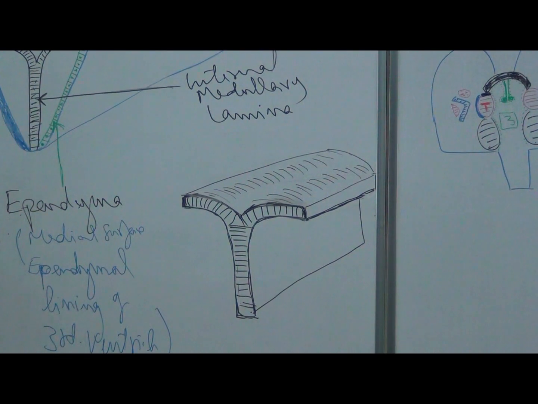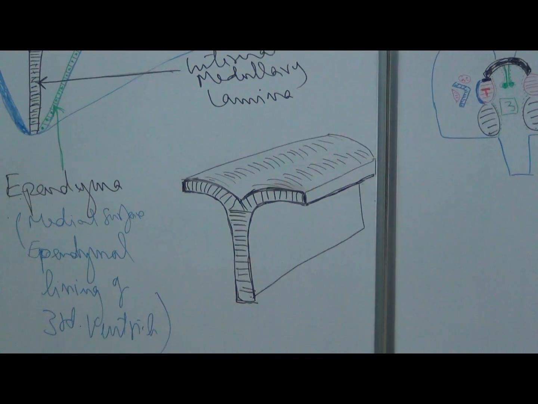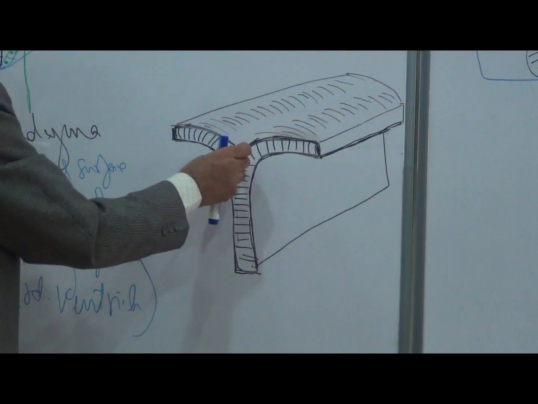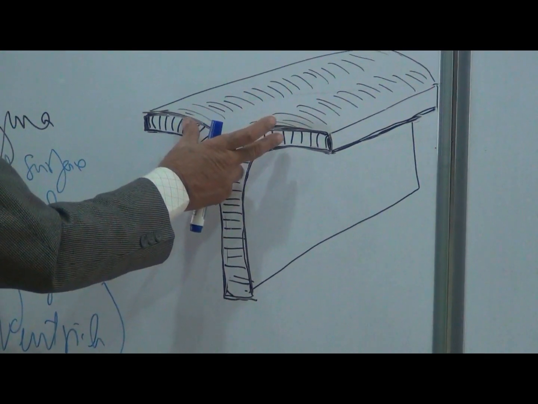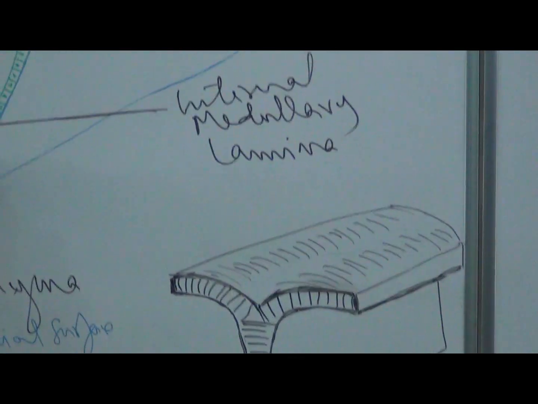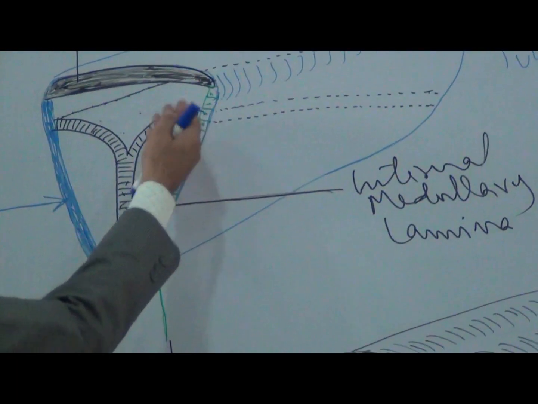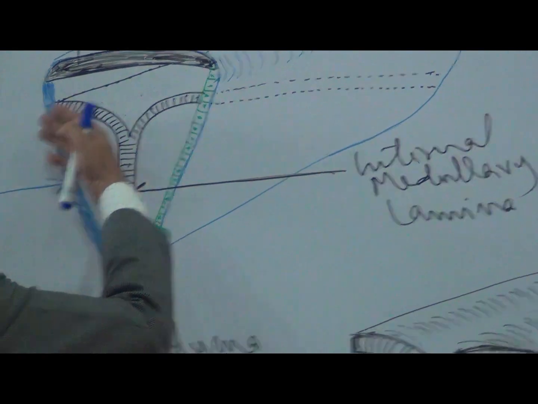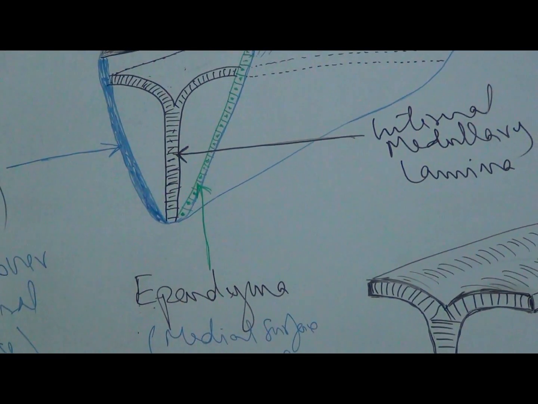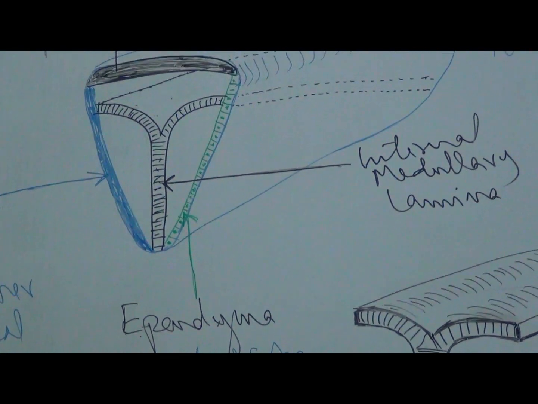So it is like this. It comprises of number one, this vertical part. It then splits into two laminae which diverge from each other, and two diverging laminae extending throughout the interior of the thalamus from its posterior end to the anterior end.